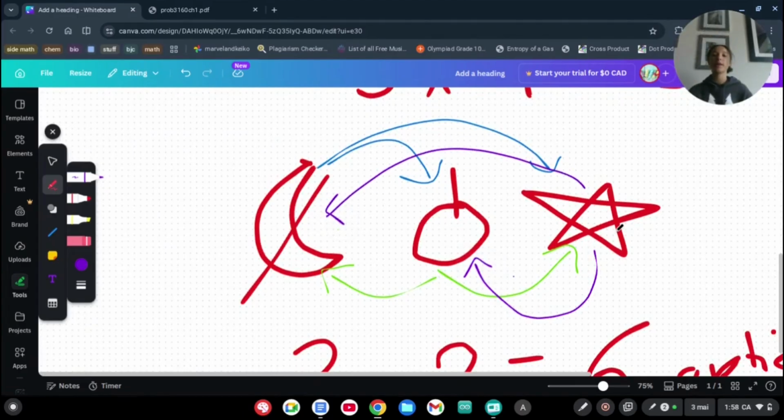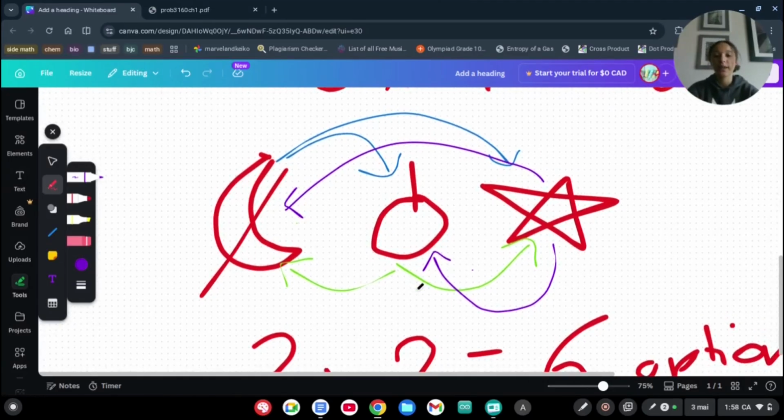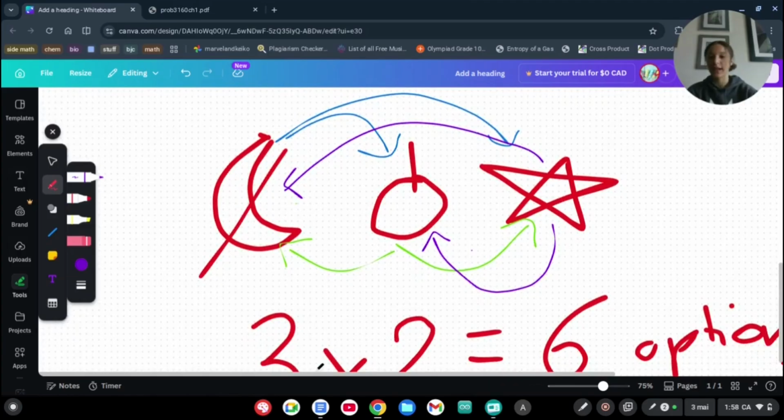You guys are probably like, well, we're doing some overcounting here, right? This group, banana and apple, and apple and banana, is the same thing. But right now, we're forgetting about overcounting, okay? This is basically just a way of understanding why you're doing multiplication. With each fruit I pick, I can then pair it with two other fruits. So for each first fruit I pick, it can make two groups.